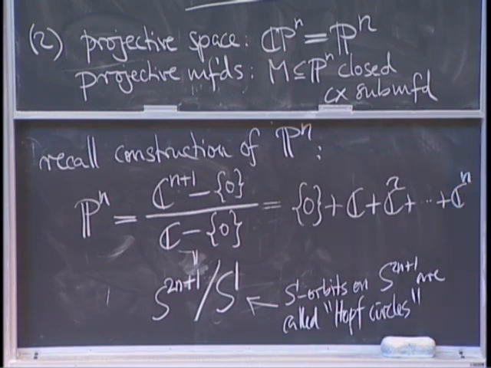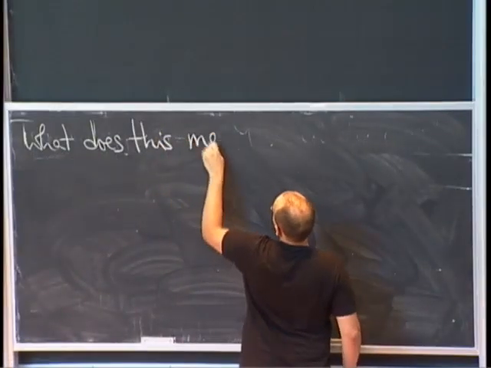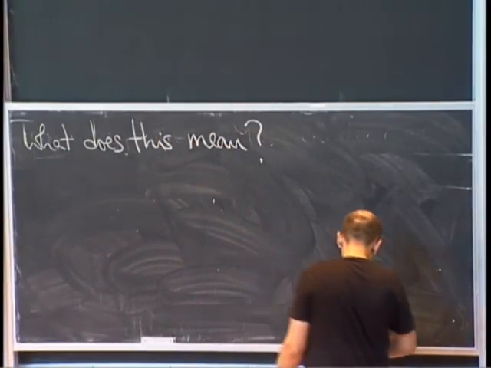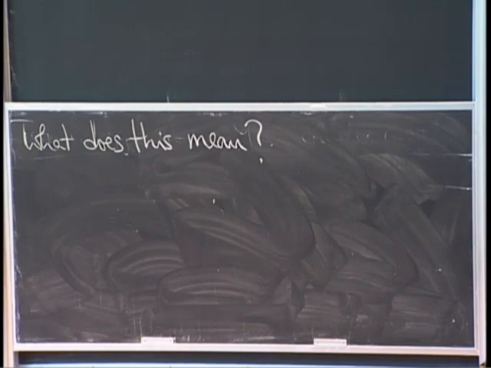Okay, so what does this mean? Well, Jacob basically already said it. So I have this covering of projective space by affine charts. I have n+1 affine charts, and each of them is isomorphic to a copy of Cn.